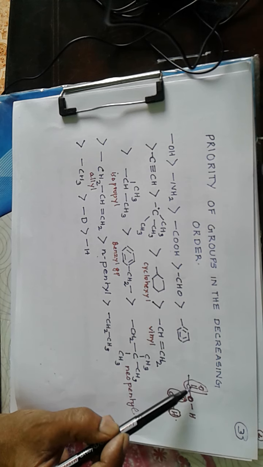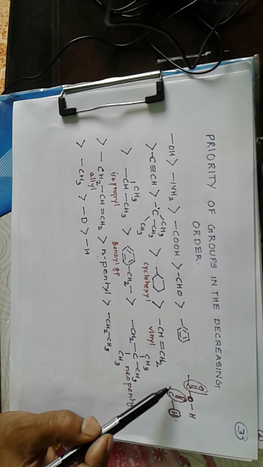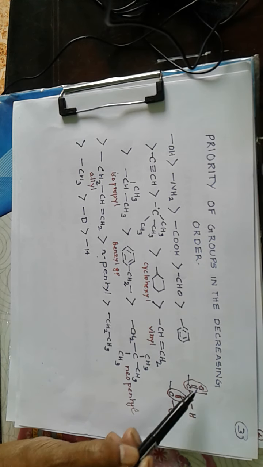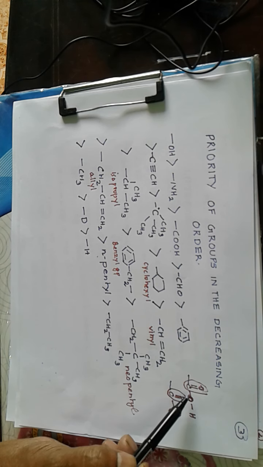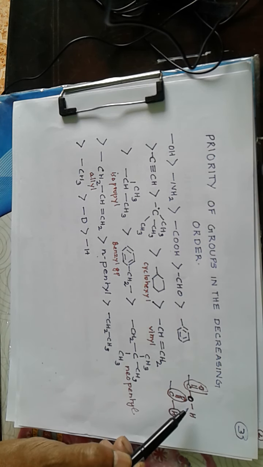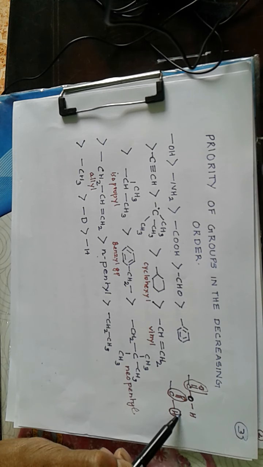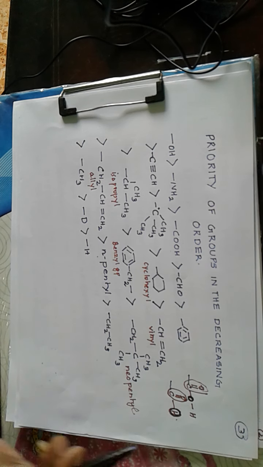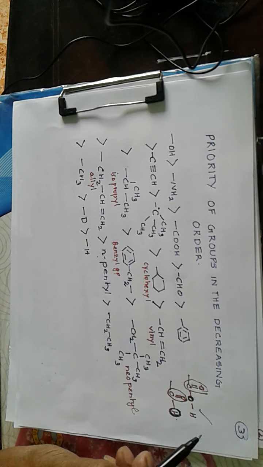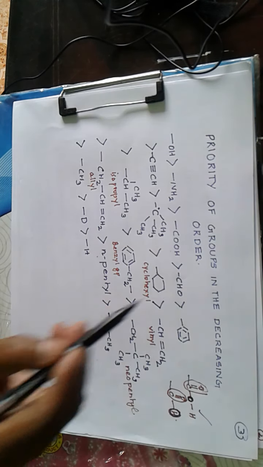The COOH group is C double bond O, OH; the CHO group is C double bond O, H. Now both have the CO group in common, so we have to find the next atom for assigning priority to the group, and here the next atom is oxygen with a higher atomic number or atomic mass, whereas here it is hydrogen with a lower atomic number or atomic mass, so that the COOH group gets priority over CHO.